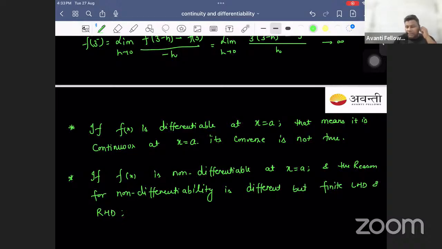But the reason for non-differentiability is what? The reason for non-differentiability is different but finite left hand and right hand derivative.